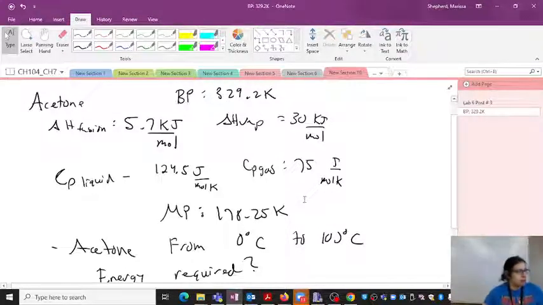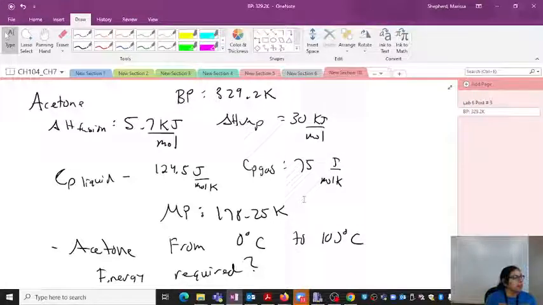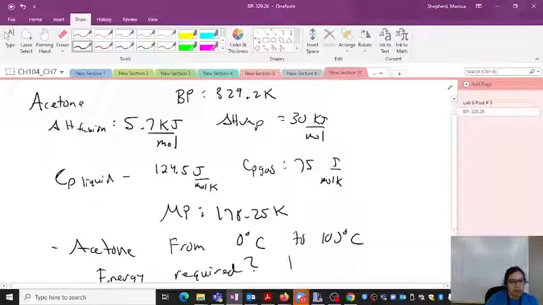So I'll give everyone at least a couple of minutes to get started on that. And then we'll start going over it, laying out how you should structure it, how you should think about it, and how to approach these problems. Oh, and you probably need an amount. So let's just do 1 mole of acetone to make it easy.